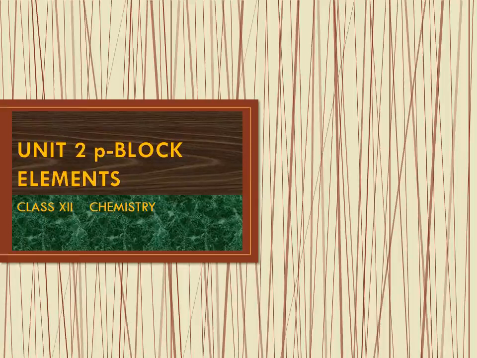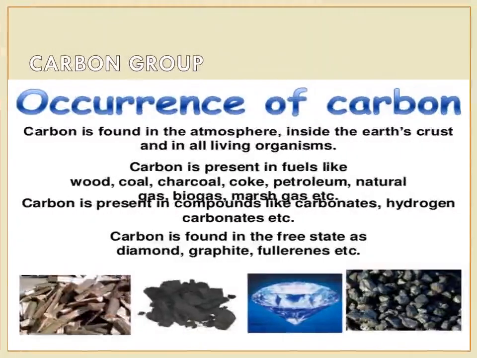Occurrence of carbon. How does carbon occur? Carbon is found in the atmosphere, inside the earth's crust and in all living organisms. Carbon is present in fuels like wood, coal, charcoal, coke, petroleum, natural gas, biogas, marsh gas, etc. This carbon is present in compounds like carbonates.